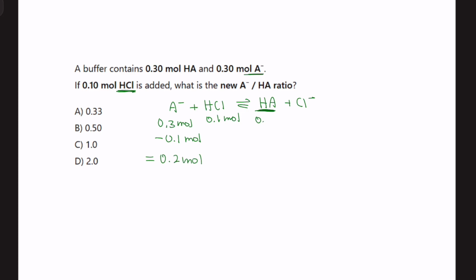And then 0.1 moles of additional acid was produced. So then my new A minus to HA ratio is 0.2 moles over the original amount that I had plus this new amount that was produced when HCl was added. And this gives a ratio of 0.5.